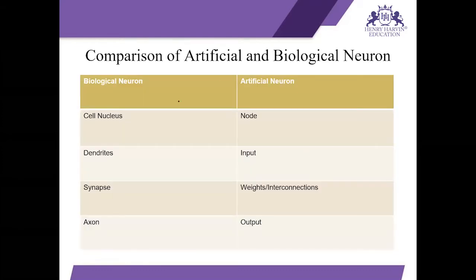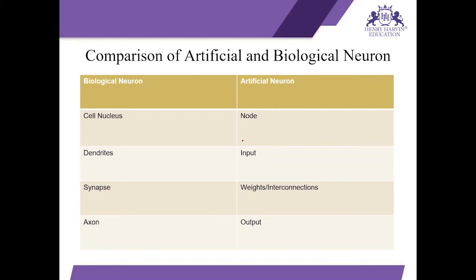Now let us compare biological neuron and artificial neuron. In a biological neuron, we have a cell nucleus, and in an artificial neuron, we have a node. A biological neuron has dendrites, and here we have input.